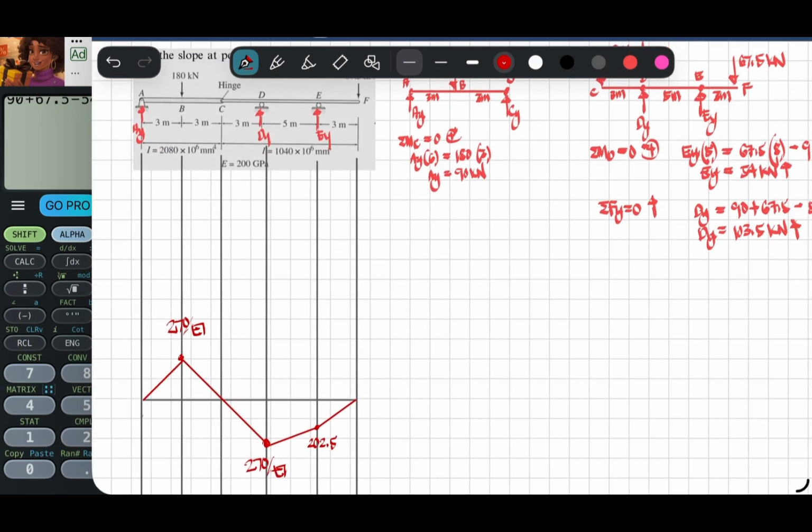Okay, let me write it so it is not confusing. So M at B is equal to 90 times 3, 270 kilonewton meter.